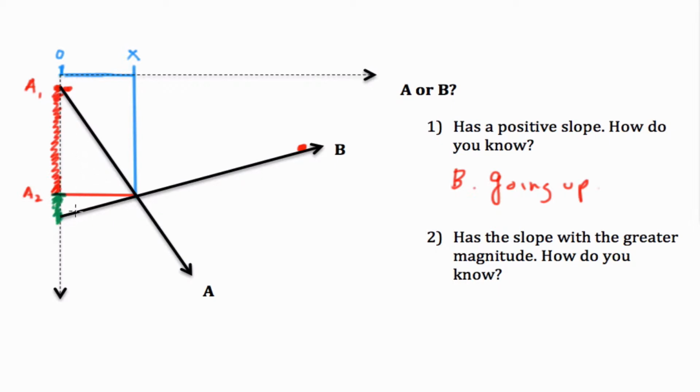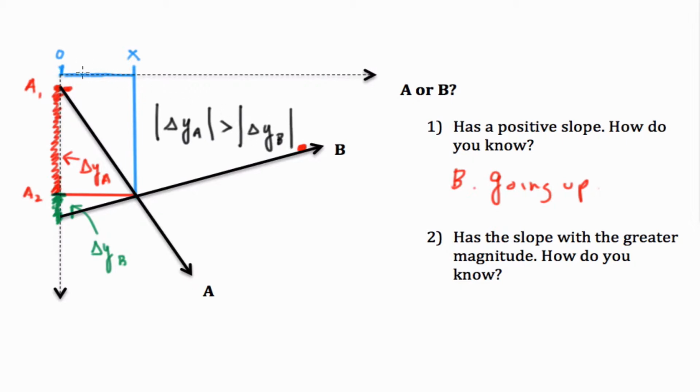And we can see that this would be the change in y for line B. And we can see that this would be the change in y for line A. And hopefully you can see, looking at this, that the change in y for A, and we'll just put absolute value there so we know that we're not taking direction into consideration, hopefully you can see that that is bigger than the change in y for B.